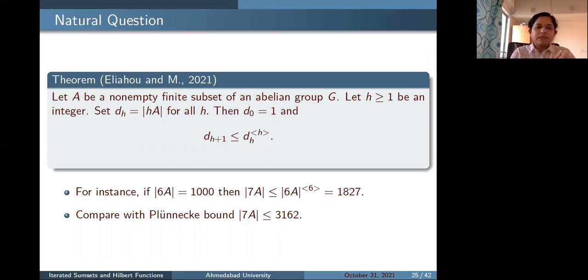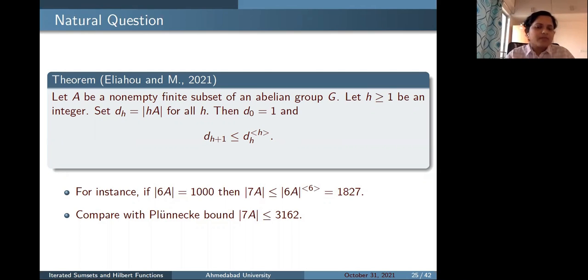Let me remind once again what we have proved. We have proved that for G an abelian group and A a finite subset of G, if I set up D_h to be the cardinality of hA, then we have this inequality.